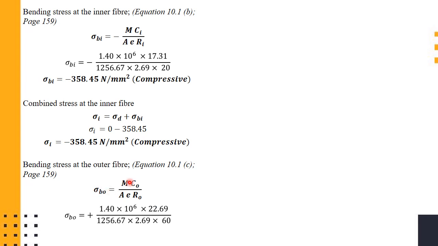So sigma B naught is equal to M C naught by A E R naught. Substitute the outer radius, the distance of the outer fiber with respect to the neutral axis, as well as the bending moment. So you can calculate the bending stress at the outer fiber, and it will be a positive value which indicates the tensile nature.